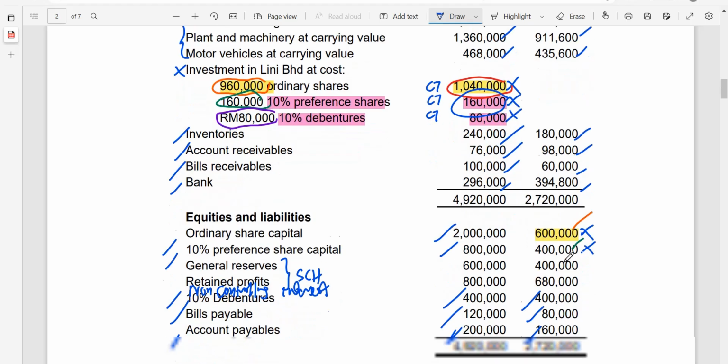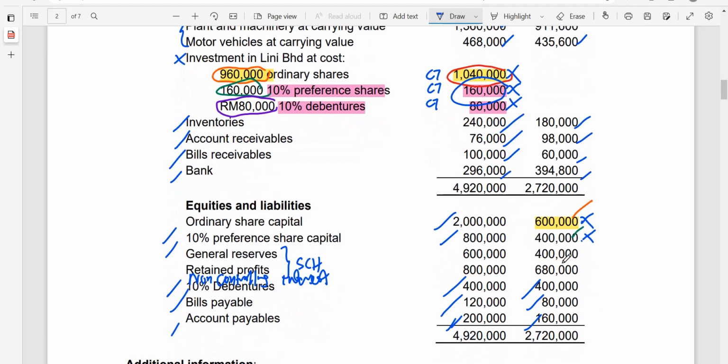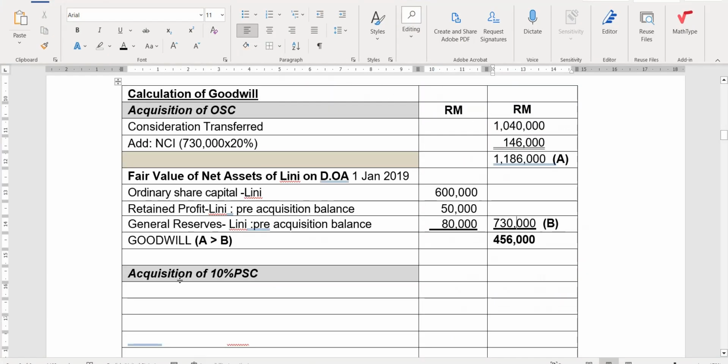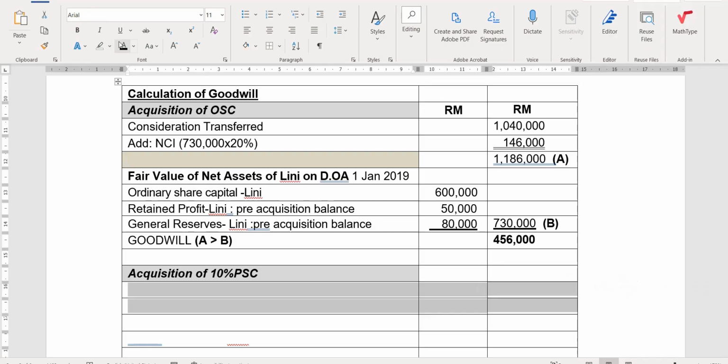Then we'll look at the preference shares that we acquired. Earlier we acquired 160,000, which gives how much percentage? The percentage is 40%. So let's calculate that item first. Then you include the figure there, 160.